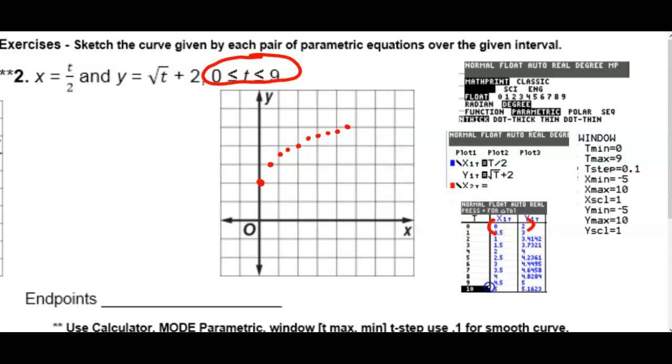And that's actually where we stopped because we were supposed to only go to 9. All right, so there's the graph and there's the orientation. All right, and the endpoints were at 0, 2 for 0. And when we put in a 9, we get out 4.55.